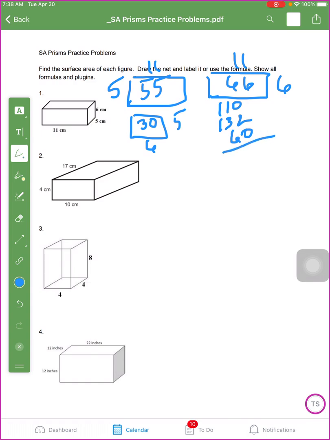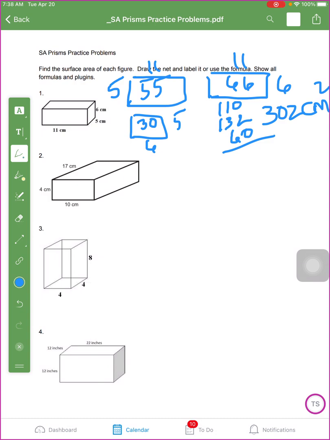We add these up, and that's going to give us a total of 302 centimeters squared.